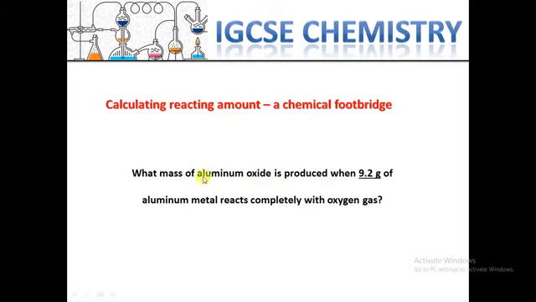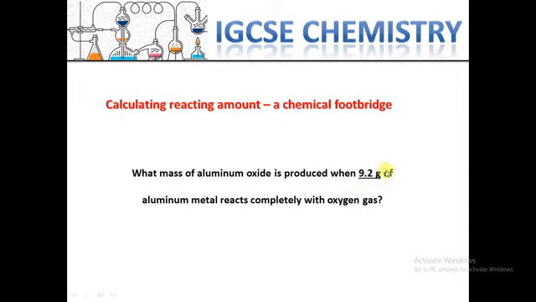This means we are looking for the mass of aluminum oxide which will be produced when 9.2 grams of aluminum metal, only aluminum metal, not a compound, just an element, reacts with oxygen gas, O2.